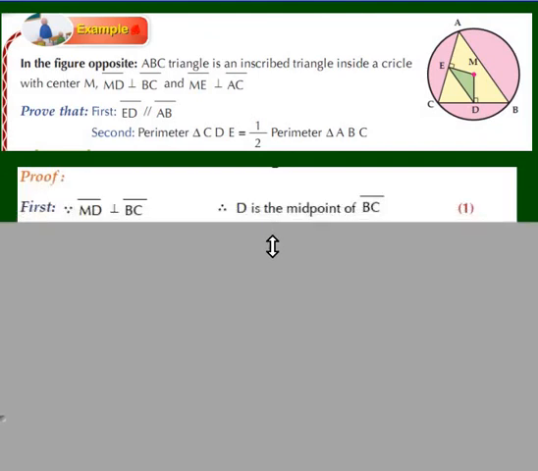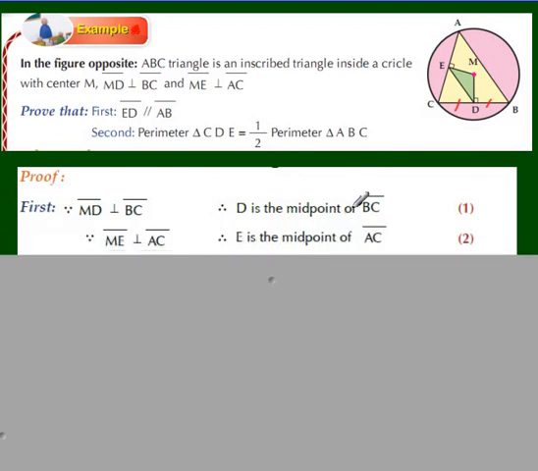First, since segment MD is perpendicular to segment BC, therefore D is midpoint of segment BC. Similarly, since segment ME is perpendicular to segment AC, therefore E is midpoint of segment AC.